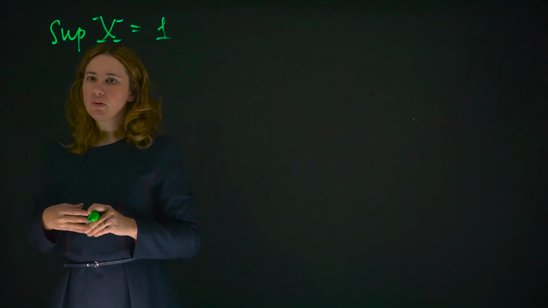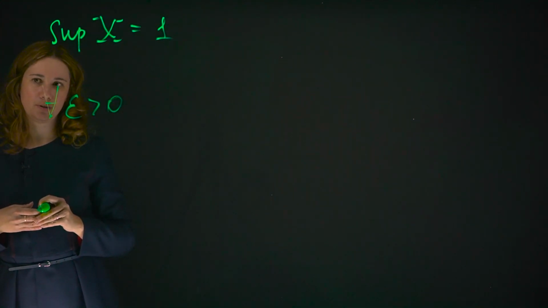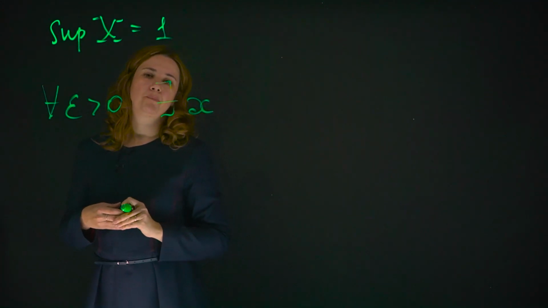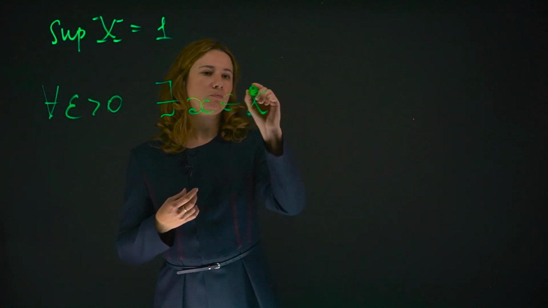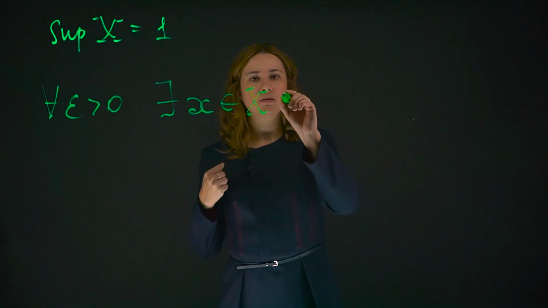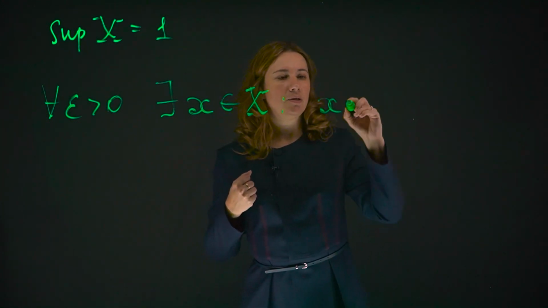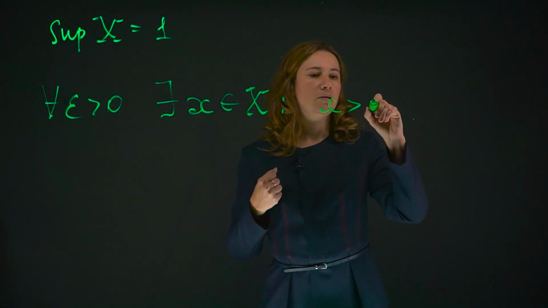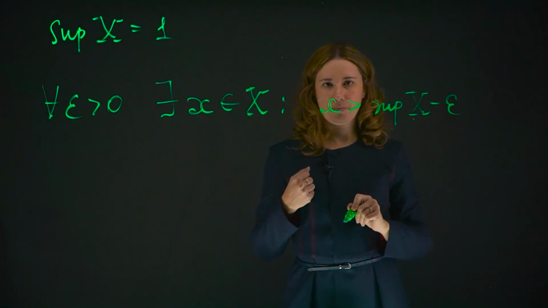For any given positive epsilon, there exists an element X in our set X such that this element is greater than the supremum of X minus epsilon.